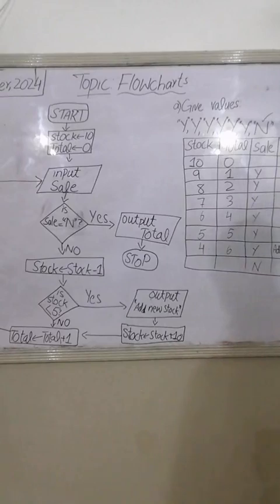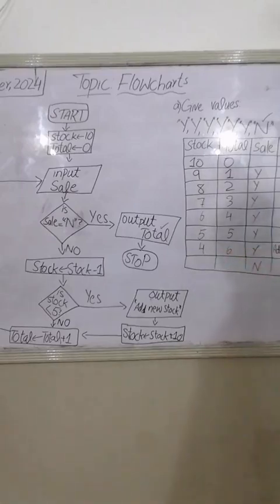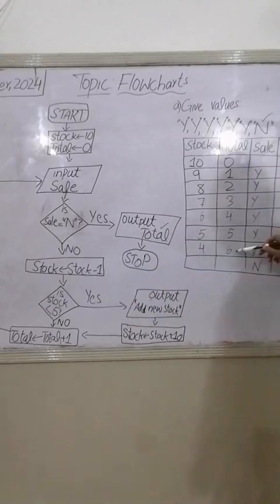So what was the total? You have to output total, meaning the value stored in the total. Here you have to write that value in the output column. Okay, it was 5, sorry, and when we move to that step, total plus 1, it became 6.